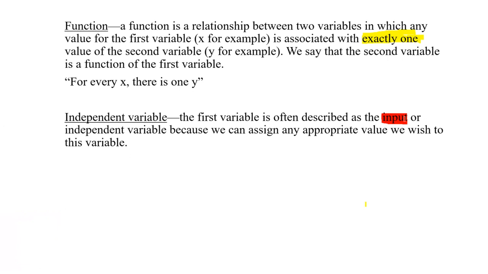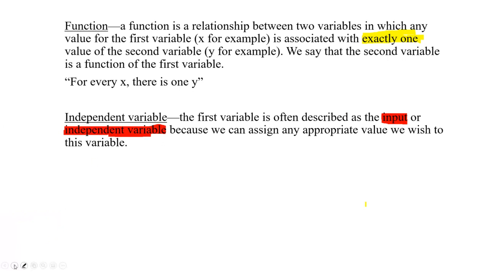Okay, so for the input, you can choose any value, but the output is dependent on this value. So it's called the input or independent variable. So in this case, x is the independent variable. That means we can choose any value which is appropriate to the function.